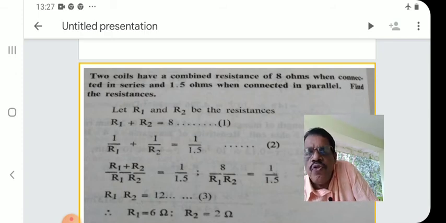You imagine two numbers. When we add them together, we get 8. When we multiply, we get 12. Evidently, the numbers are 6 and 2 or 2 and 6. In any way you can write. So here we write R1 is 6 ohm and R2 is 2 ohm. That is the answer.